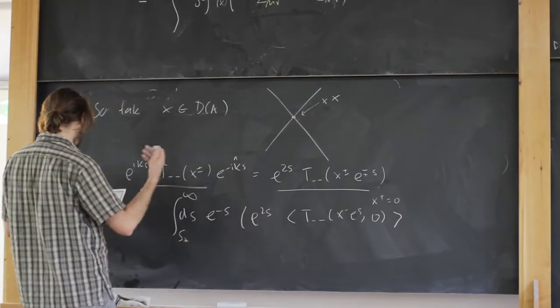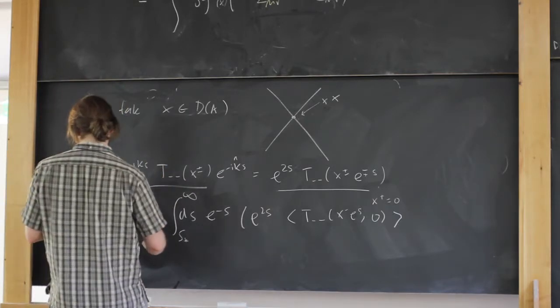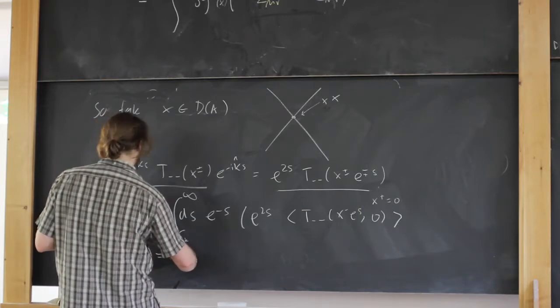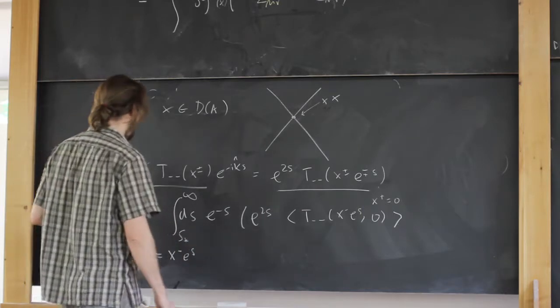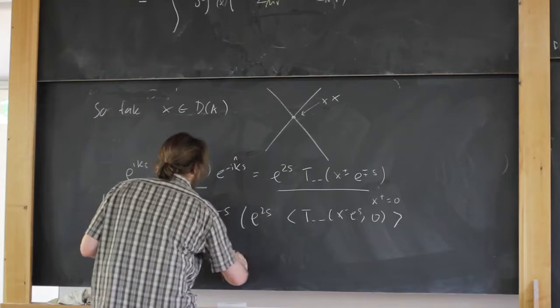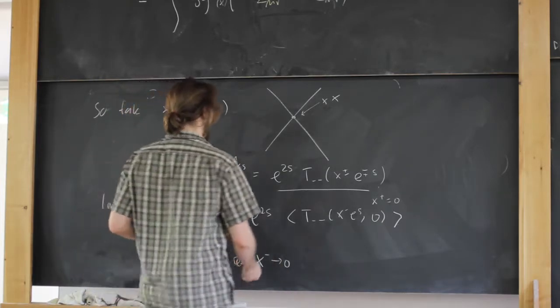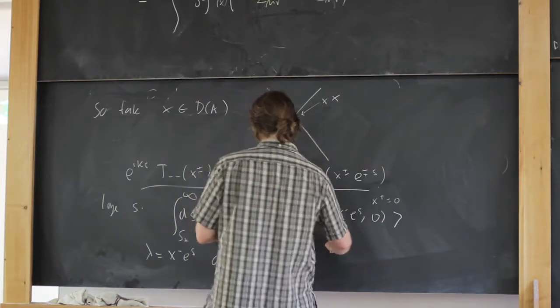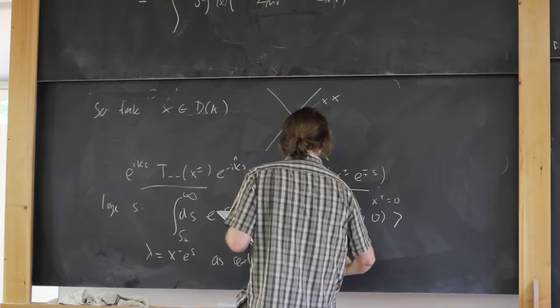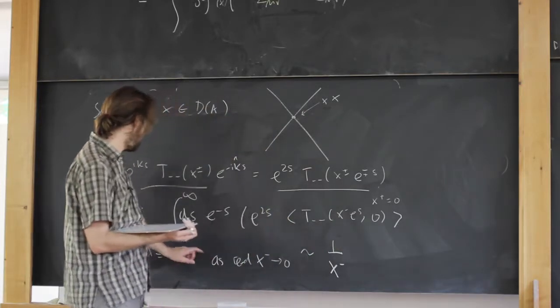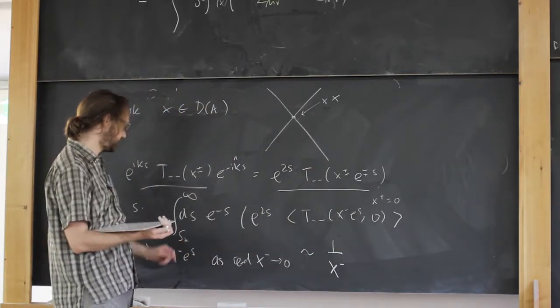Then all we have to do is some redefinitions. We take lambda to be x minus e to the s. As we send x minus to 0, we find that this behaves like a pole, 1 over x minus, which just comes from putting this in.